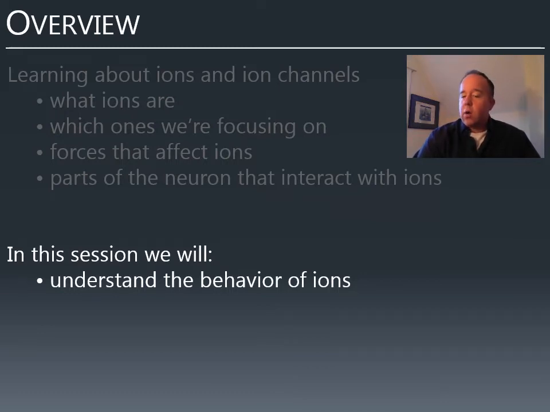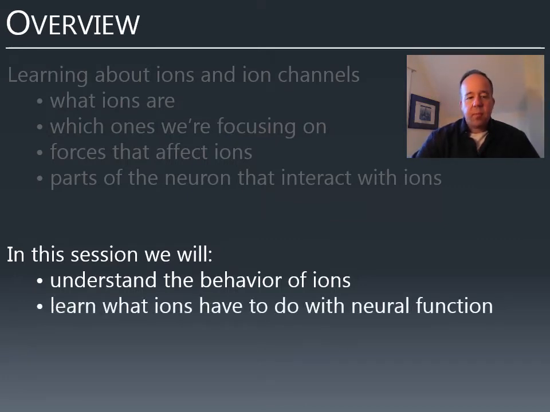And that is the end goal of this unit on ions and ion channels and action potentials. We know that neurons use electrical signaling, but what does that mean? And how does it work? So that's where the behavior of ions comes in. And we'll also see what ions have to do with neural function.